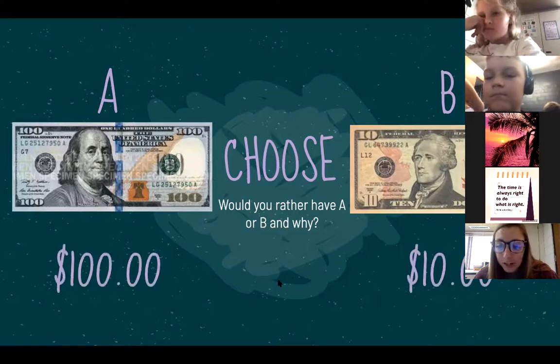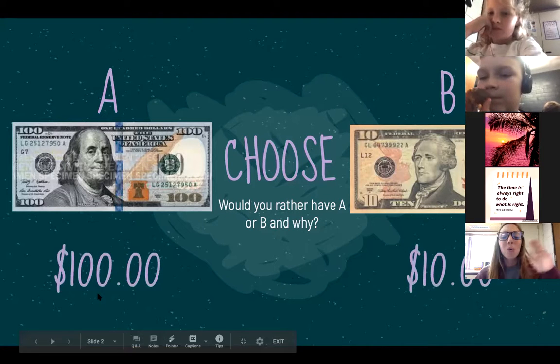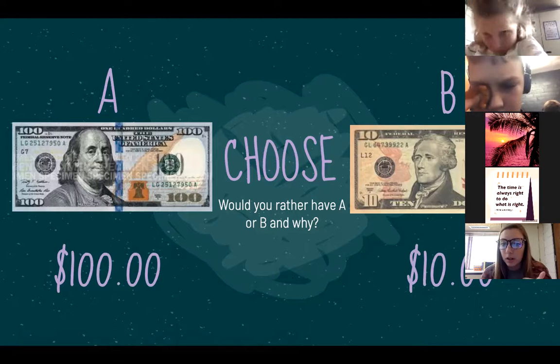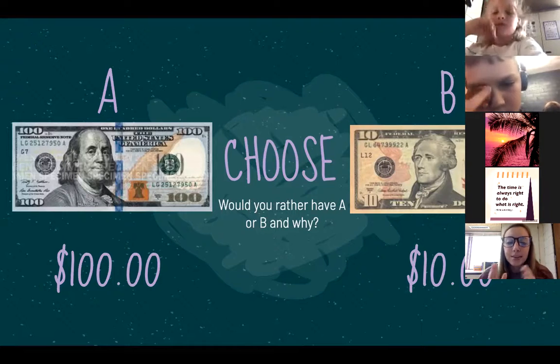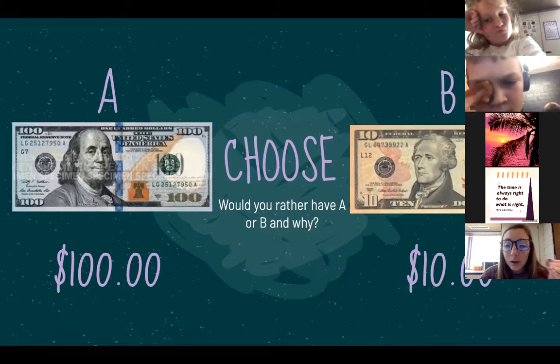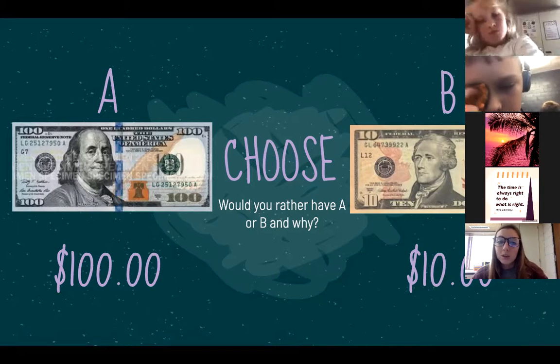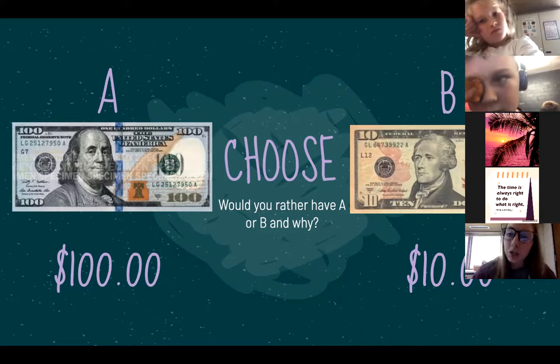But one thing I wanted to point out to you is that 100 and 10 both have the same digits in them. They both have a 1 and they both have zeros. So the only reason that 100 is more than 10 is because that 1 is one place value to the left. So left is larger.